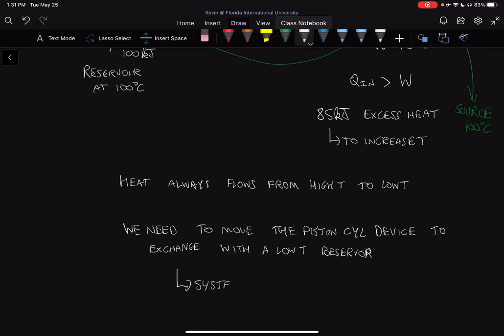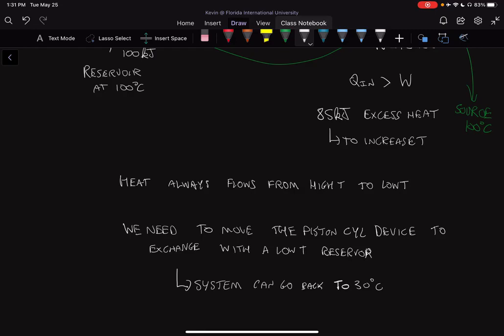System can go back to 30 degrees. And once it goes back to 30 degrees, then it means that we can restart our cycle and reconnect our piston cylinder back with our original high temperature reservoir or high temperature source.